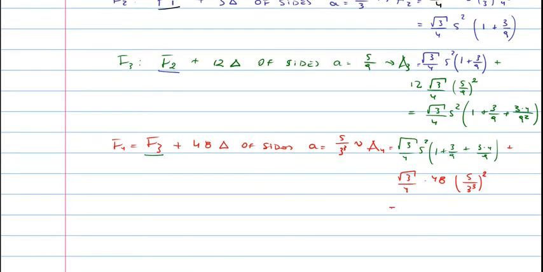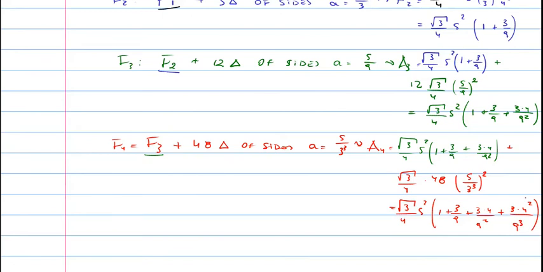So then A4 will be square root of 3 divided by 4 s squared. We have all this term is 1 plus 3 over 9 plus 3 times 4 over 9 squared plus 48, which is 3 times 4 squared, divided by 3 to the power 3 squared, which is 9 to the power 3.